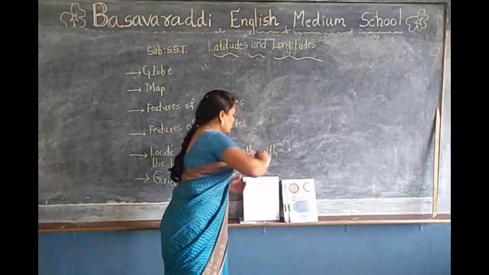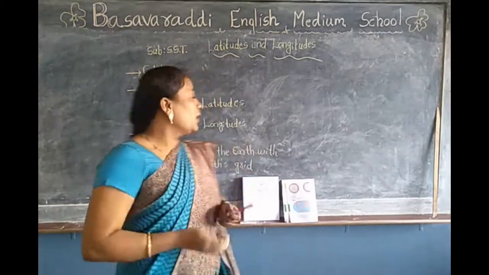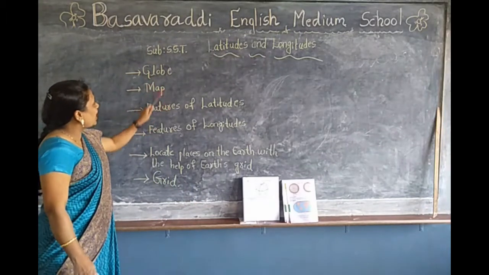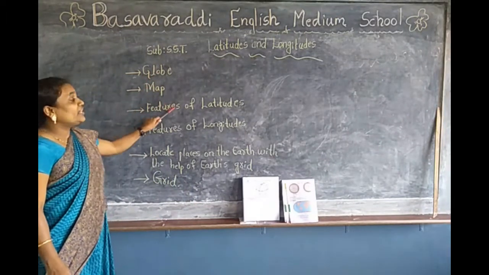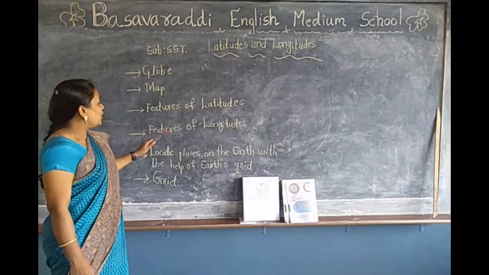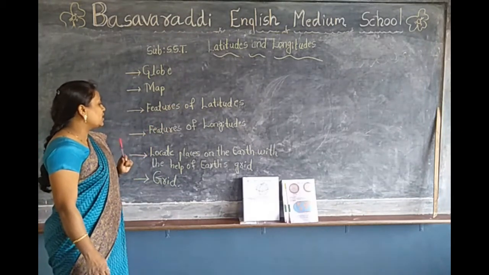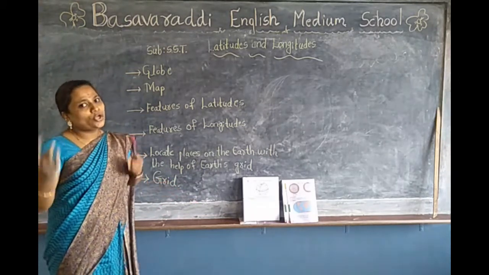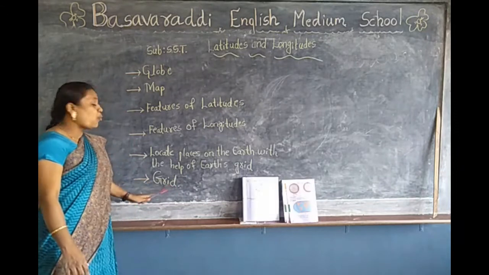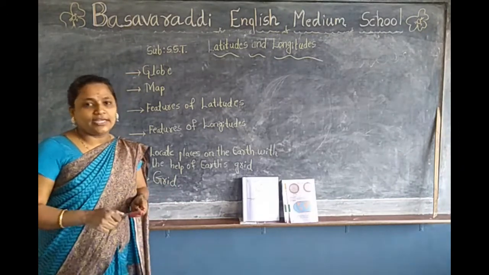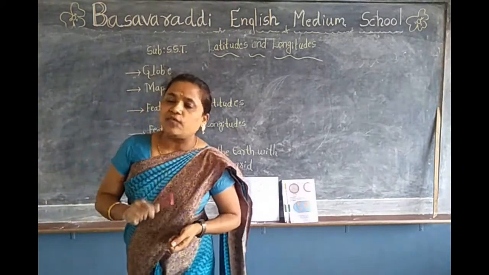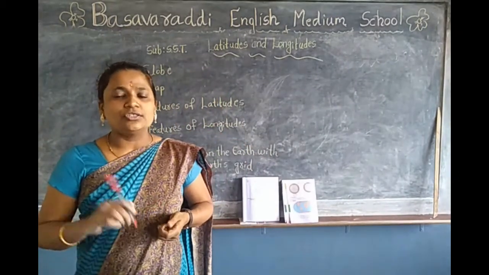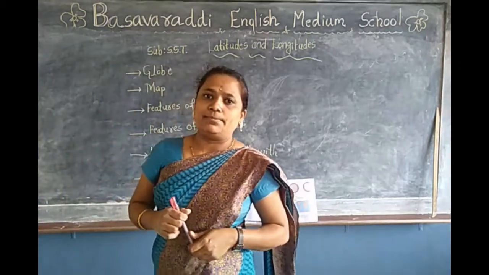Okay children, so far we have learned about the globe, the map, features of latitudes, features of longitudes, how to locate places on a map or globe, what is a grid, and important parallels of latitude and longitudes. Just have a quick recap.